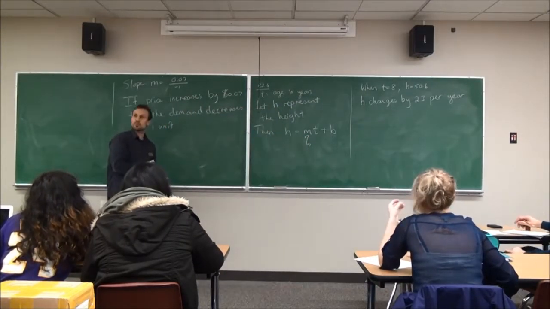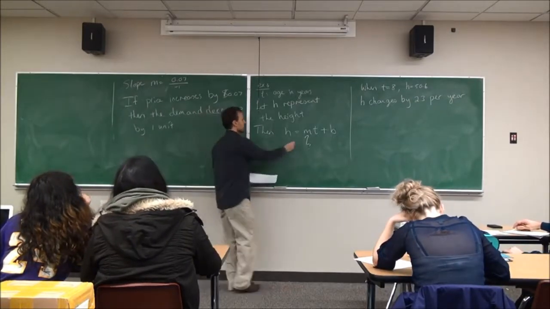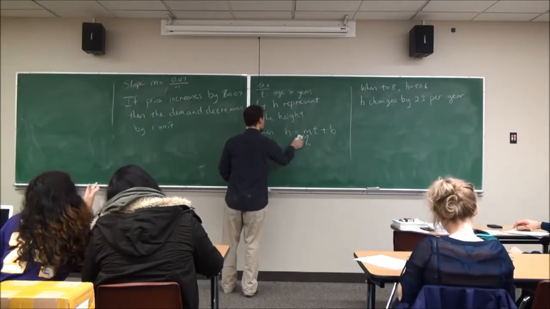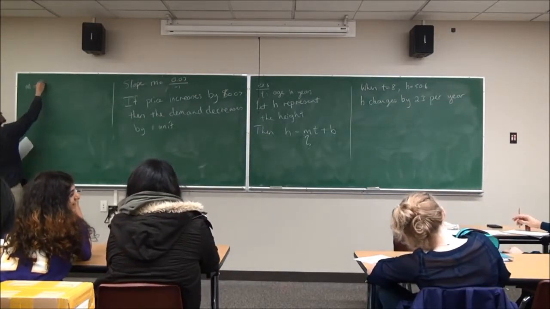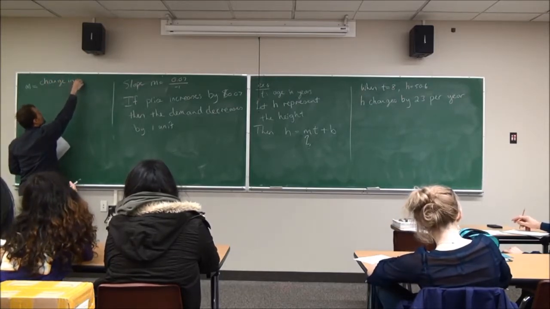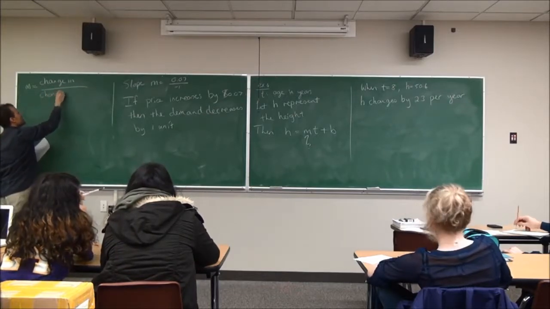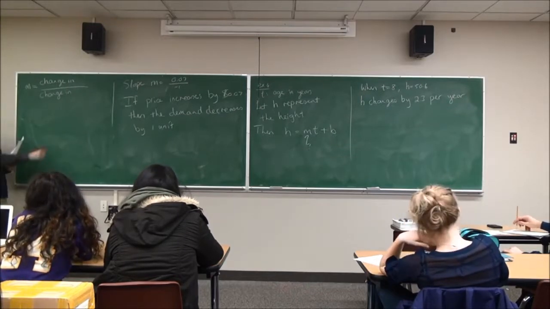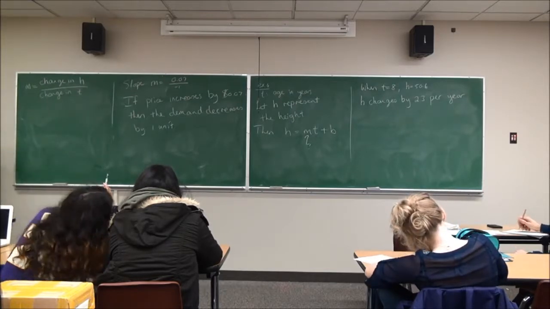How can I find the slope? What is the slope? Oh, let's write it over here. Slope m is change in what? Which one's at the top and which one's at the bottom? H is on top, and t is at the bottom. I have to get that right.